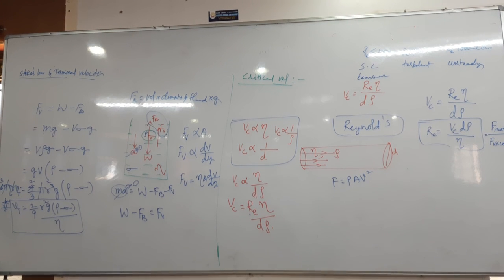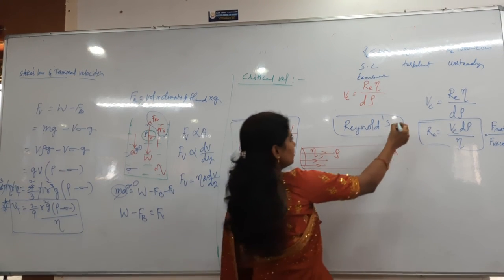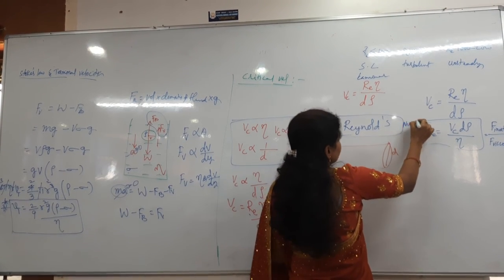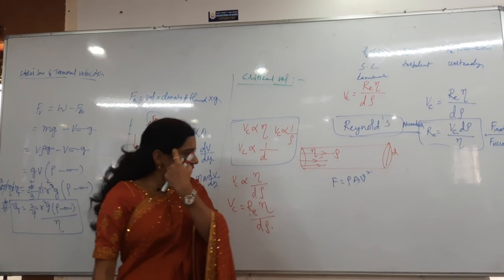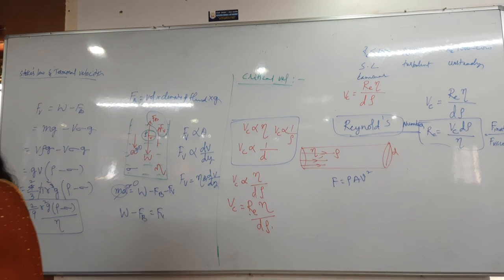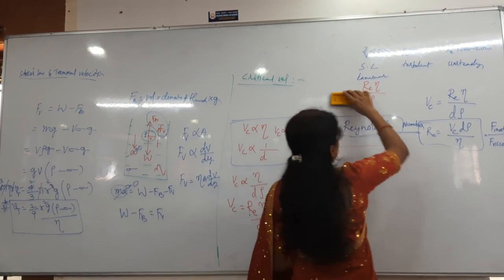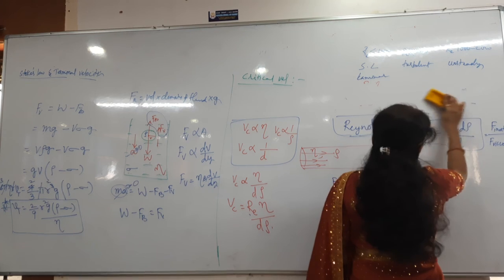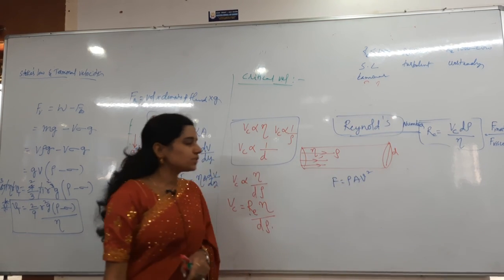Next, write the Reynolds number: the ratio of inertial forces to the viscous forces.